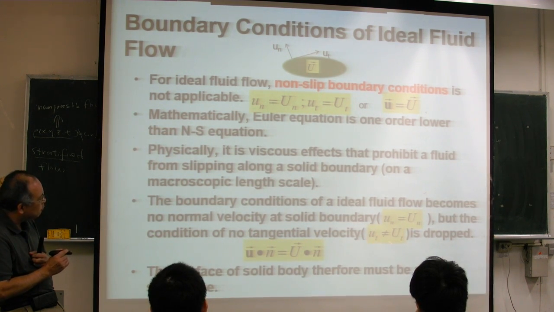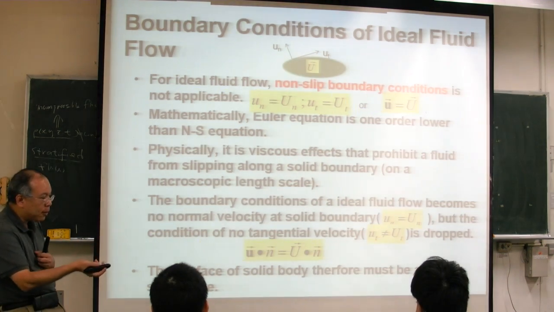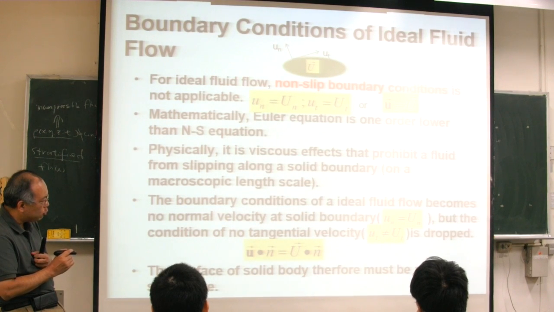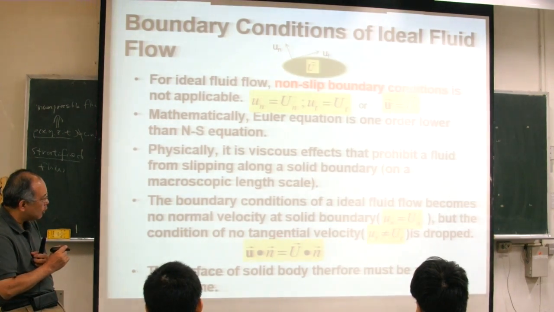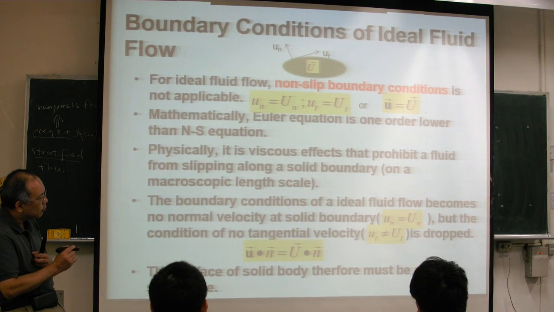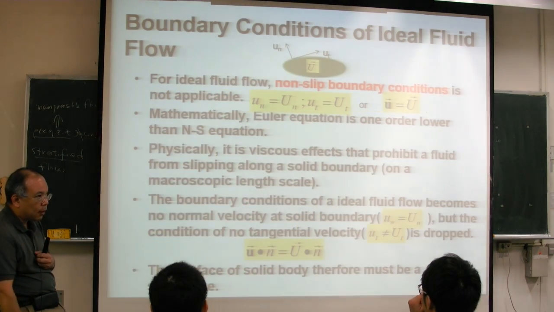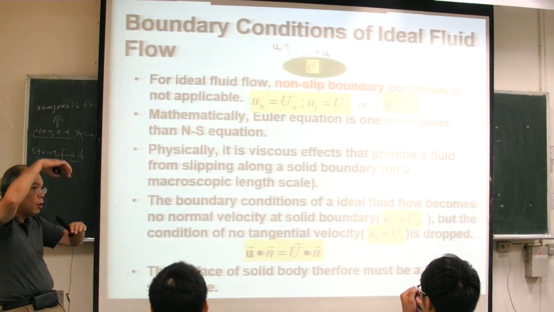However, for ideal fluid, because we neglect the viscous term, this boundary condition should be changed. So we only have a normal velocity. The normal-to-the-surface velocity should be the same as the boundary. That means there is no flow across the boundary.